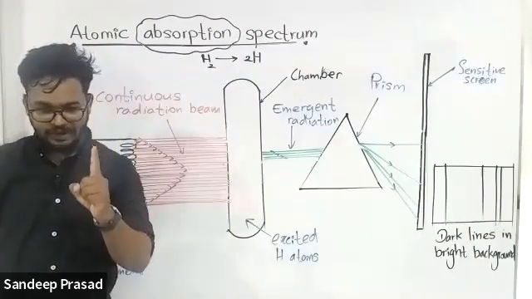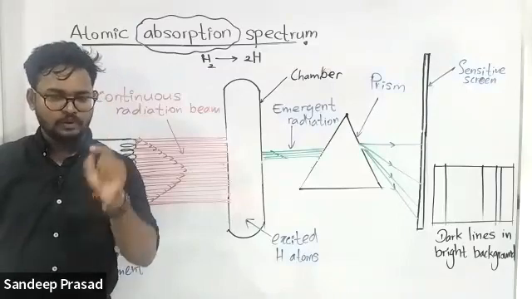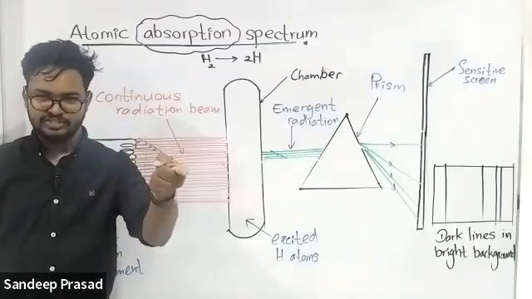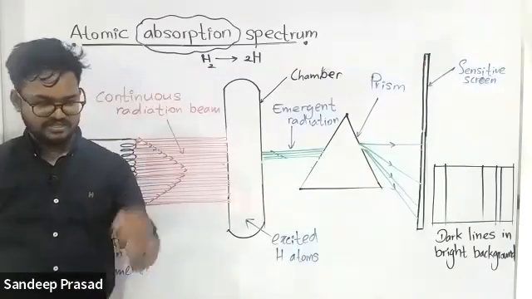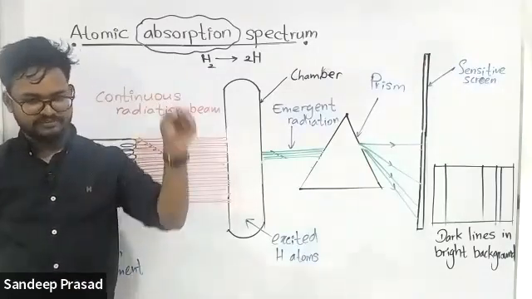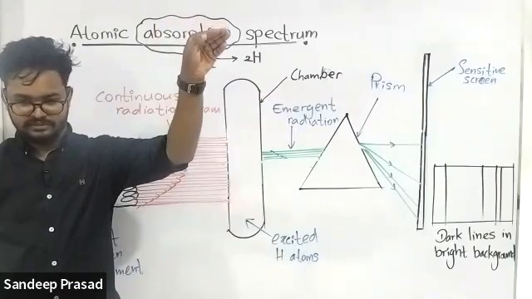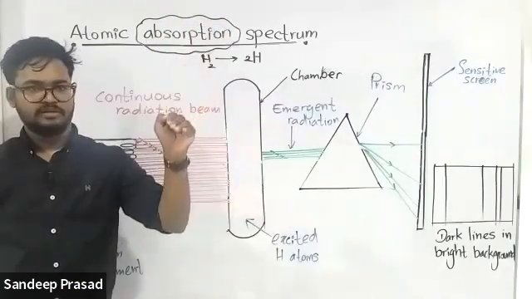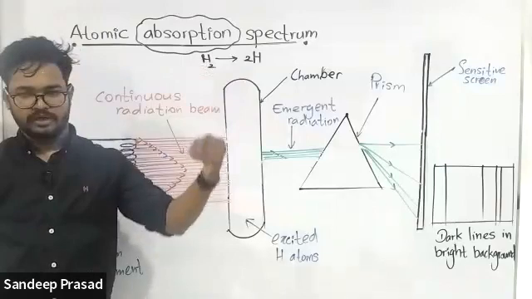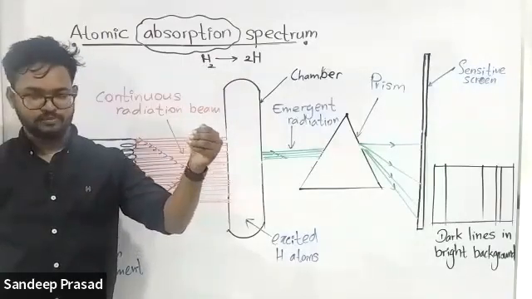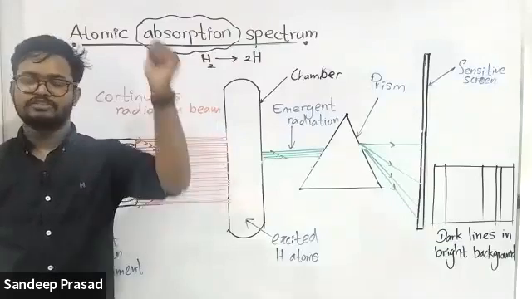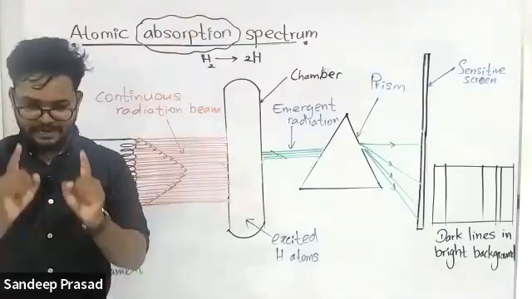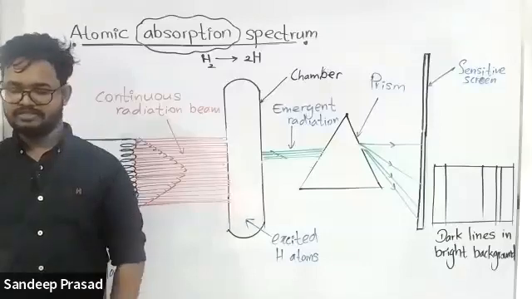At one time, one electron transition means one radiation. At another time, there can be another transition. Just imagine an electron in the hydrogen atom is moving from the first energy level to the second energy level at the initial state, that is at t equals 0. After some time, that electron moves to the third energy level. So therefore, at one time, one energy radiation.